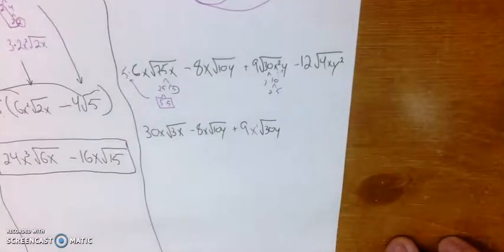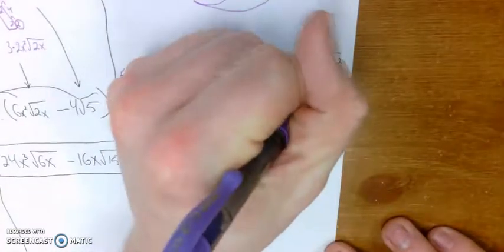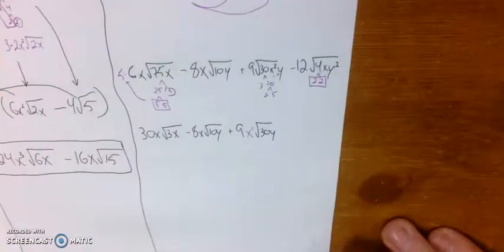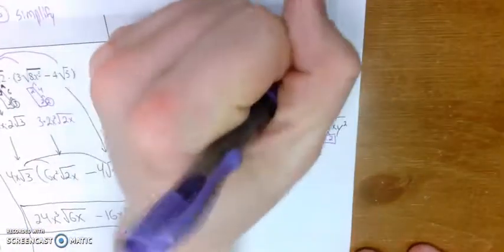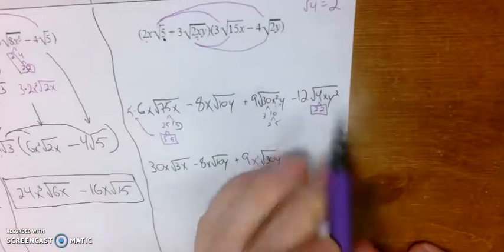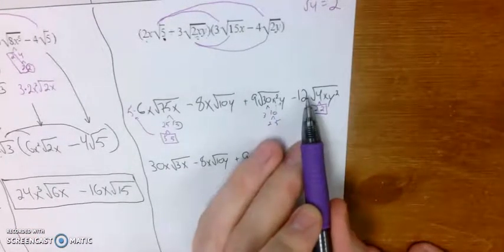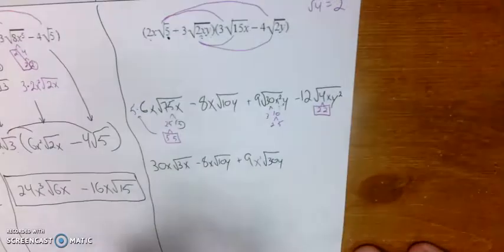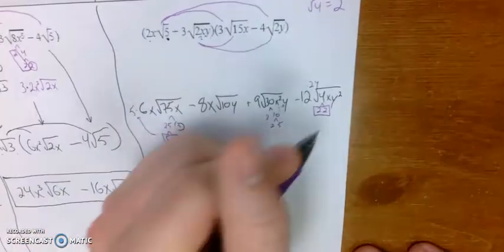Last one, we have negative 12 rad 4xy squared. Well, 4 breaks down into a 2 and a 2, which, I mean, we kind of know that, right? Square root of 4 is just 2. That's nothing new for us. But I'm also going to have enough y's to make a pair, so I can pull a y out, which means I'm only going to have an x left over. So this might look a little weird. So we're going to have a 2 being multiplied out and a y on the outside here.